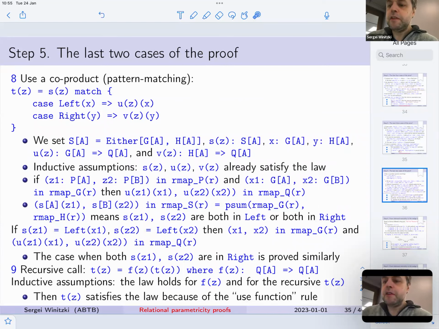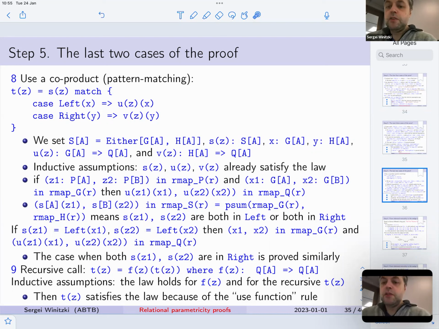Now, the function F is of type Q of A to Q of A, and the inductive assumption is that the law holds for that function f, and the law holds for the recursive invocation of the function t, of the expression t of z.